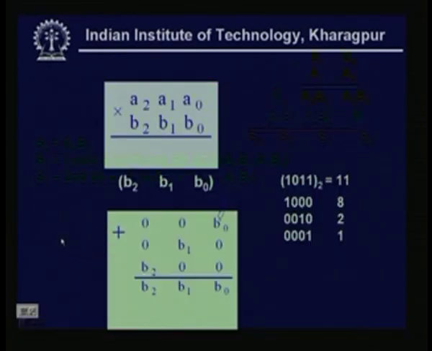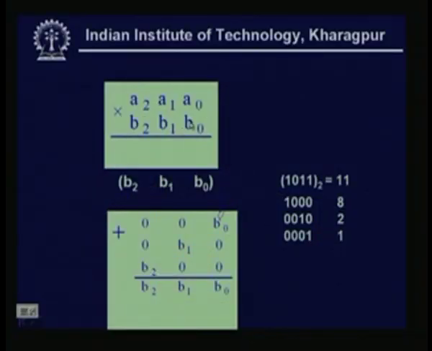Now, we see a larger multiplier and see whether the half adder will be sufficient or we need some other basic building block. See here, if we multiply the 3 bit A0, A1, A2 by B0, B1, B2, then B0, B1, B2 we can write as the combination of 3: 0 0 B0, 0 B1 0, B2 0 0, because the LSB is B0, the second bit is B1 and the MSB is B2.